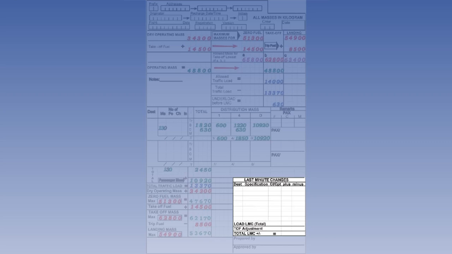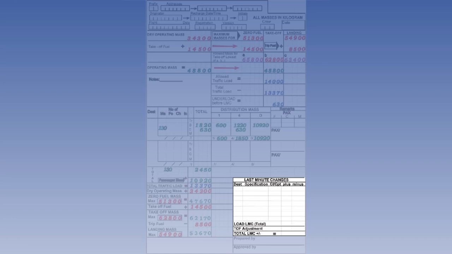Part of the documentation must include a section that allows for the adjustment of the load without having to recalculate the whole document. There are limitations imposed upon the amount of adjustment, and we will be looking at this area later on in the course.